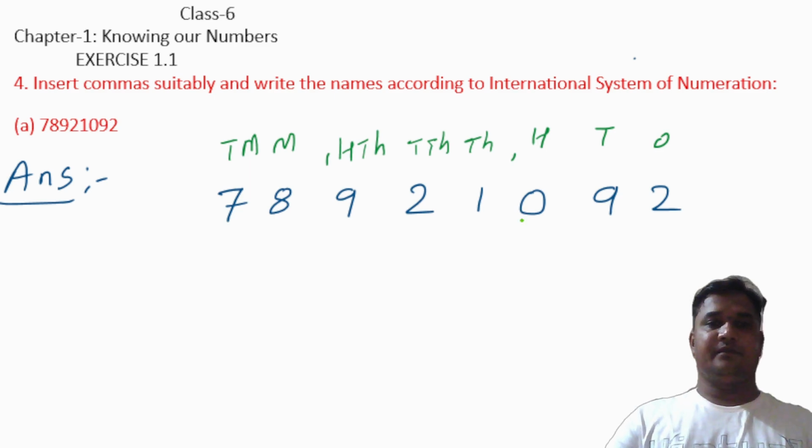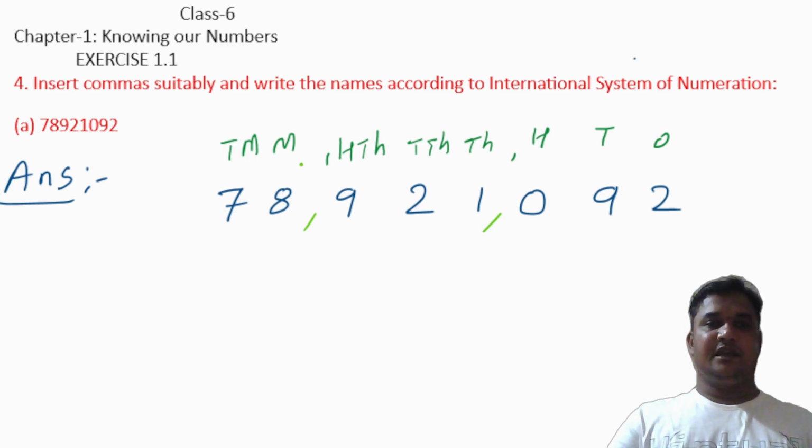After 3 digits, 092, we have to place a comma over here, and then 921. So this is the thousand place, and then the million place will be as it is. This is how to place the commas in the international system. After every 3 digits we have to place the commas.